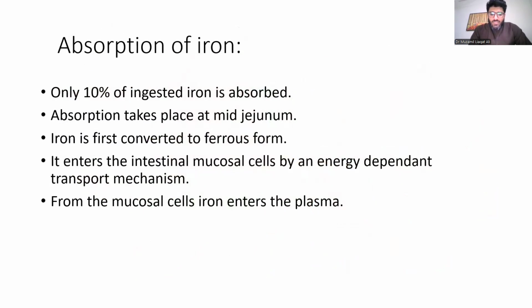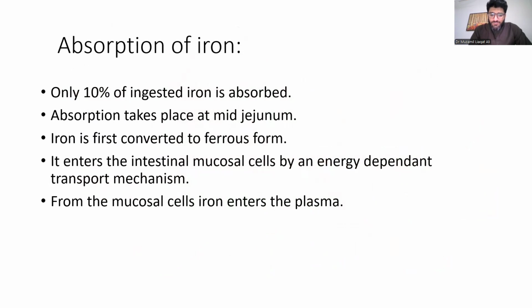Now let's discuss the absorption of iron in detail. About 10% of the ingested iron is absorbed. This is a tightly regulated process because the body has no active mechanism for excreting excess iron. Absorption takes place primarily at the mid-jejunum, the middle section of the small intestine.